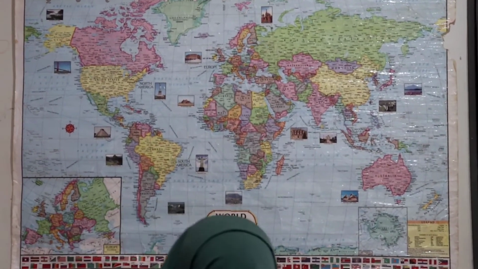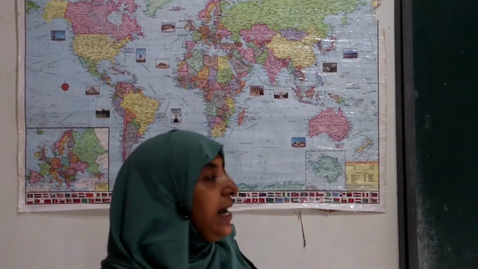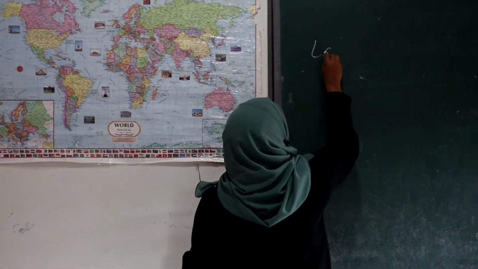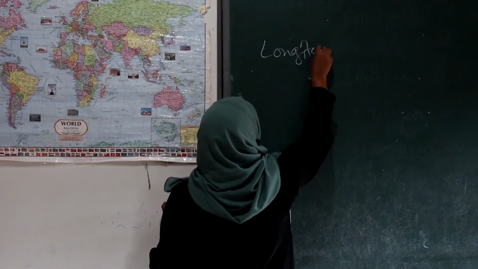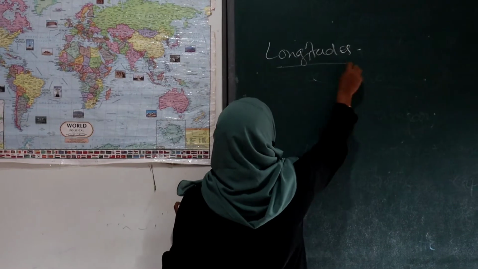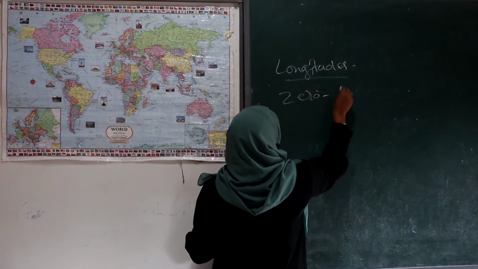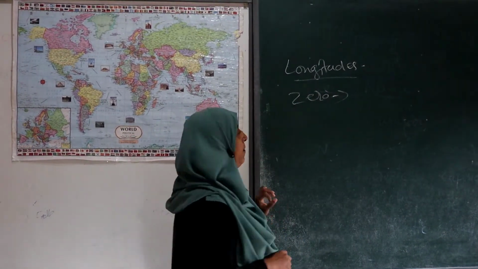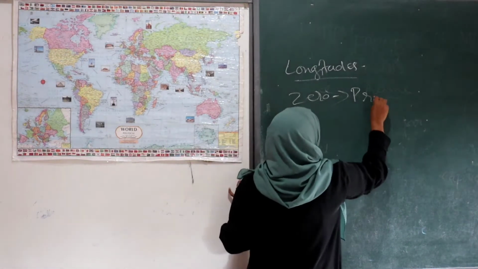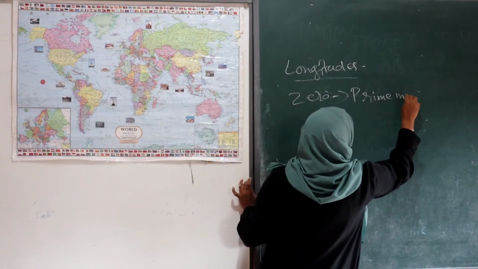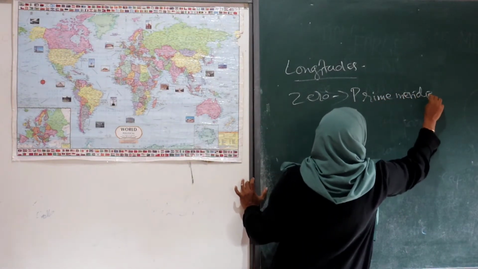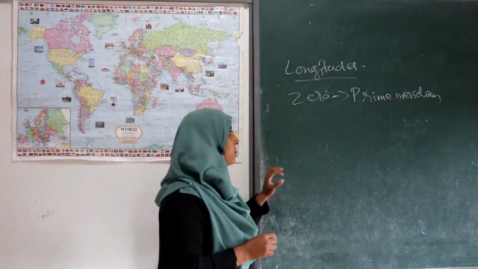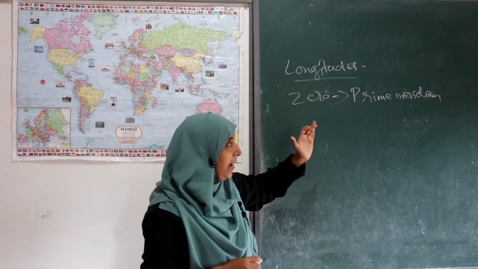Okay, so I am going to write the name, the 0 degree longitude. Today we are going to study about longitudes. So please note the point. The 0 degree longitude is called the prime meridian. Please note it. Prime meridian. Clear? 0 degree longitude is known as the prime meridian.